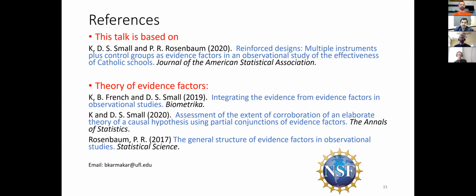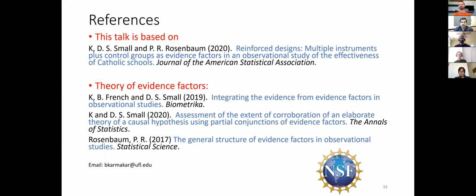I did not mention it in this talk, but in the epidemiology literature, there is something called triangulation, which has been formalized now. Triangulation tries to get at the same point: you need different ways of looking at the causal estimate, and if they give you the same result, you'll be able to get a more reliable causal inference.